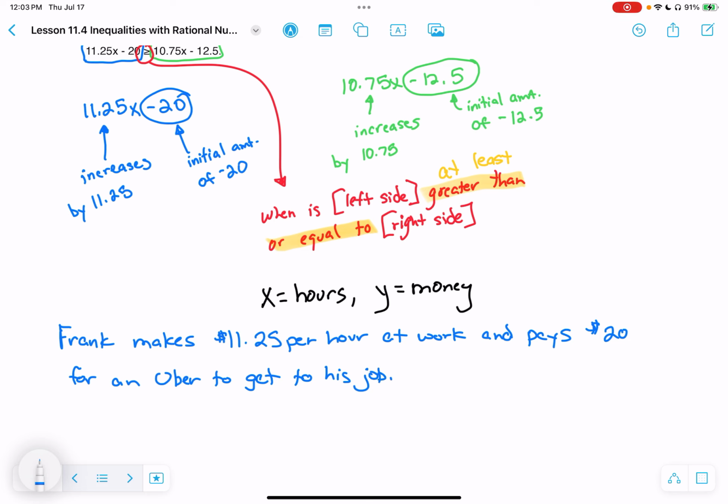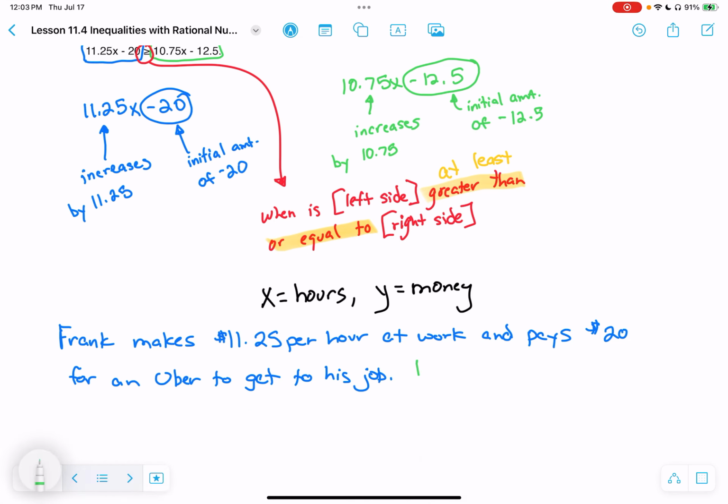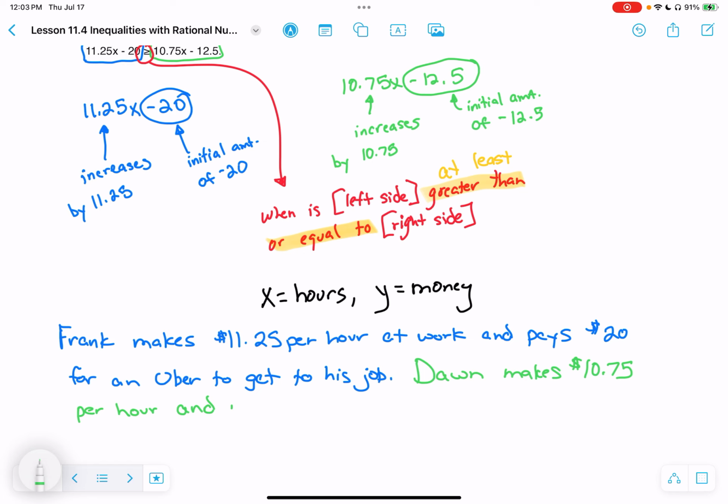There we go. And then Dawn makes $10.75 per hour and pays $12.50 to get to her job.